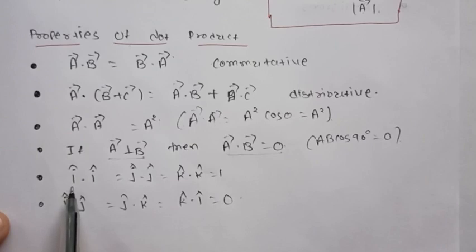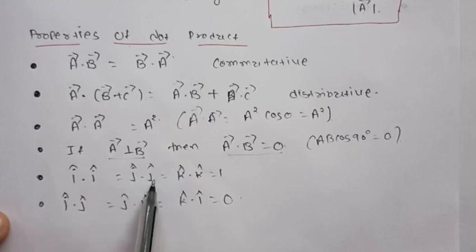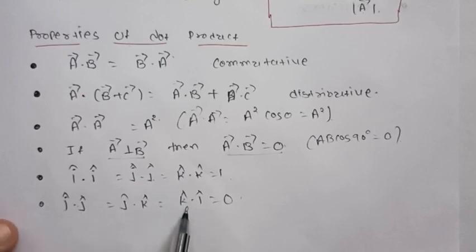Looking at the unit vectors, i dot i is equal to j dot j is equal to k dot k, that is equal to 1. i dot j is 0 as i and j are perpendicular; i is along the x-axis and j is along the y-axis. So i dot j, j dot k or k dot i will be equal to 0.